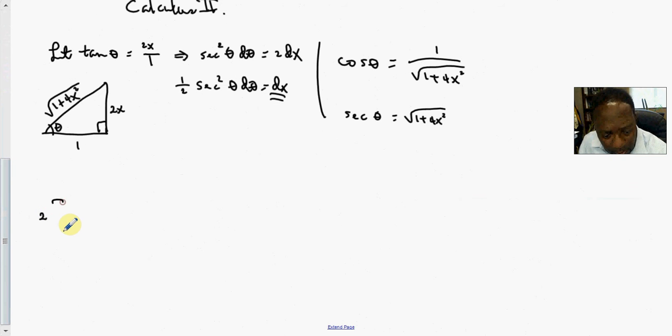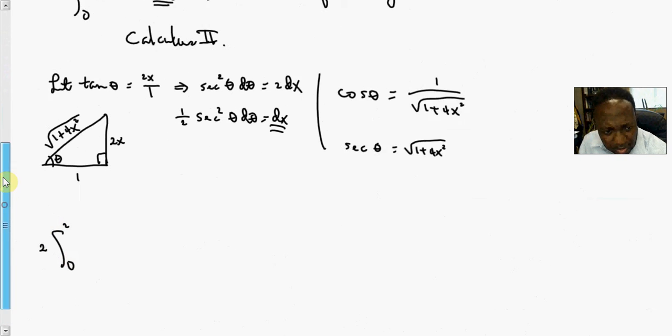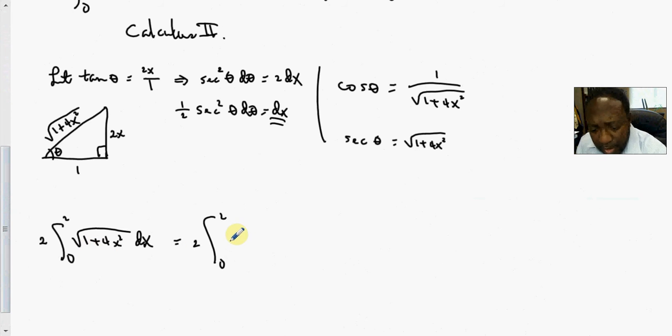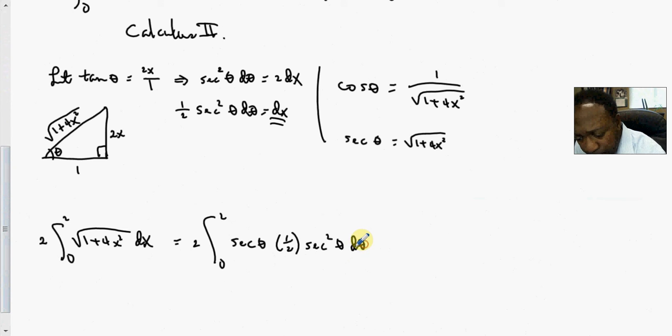The problem is 2 times the integral from 0 to 2. Is that right? Yes. The square root of 1 plus 4x squared dx. So this is 2 times the integral from 0 to 2. That square root becomes secant theta, and then the dx is 1/2 secant squared theta d theta.